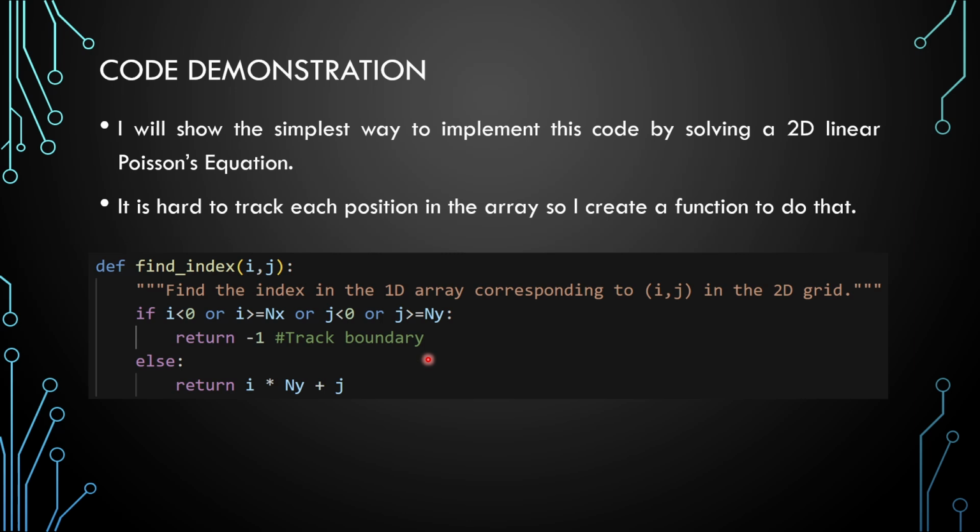So we need to deal with the boundary condition. Otherwise, it will just return i times ny plus j, which is the EC position in our reshaped 1D vector.